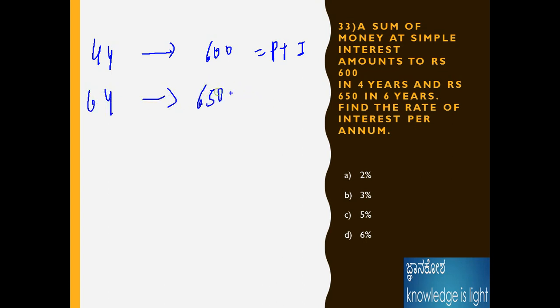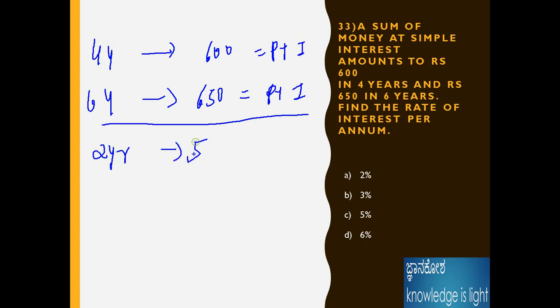If you subtract those, for 2 years the interest is 50. Understand? This is the 50 interest. So for 4 years, it would be 100 only, right? 100. Then apply this logic here. We already know the formula I is equal to PTR over 100.